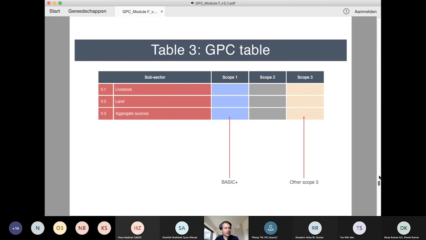Then there are 2 further columns in your workbook under table 3. I'm just opening it up for myself. One asks you for the methodology that you've taken for the calculation, and that could just be a very simple sentence. We discussed this in one of the earlier sessions. It could just be based on scaling national data, based on scaling other city data, based on activity data multiplied by IPPU emission factor. So just a one line, very simple bullet, to indicate what assumption you've made in calculating those emissions.